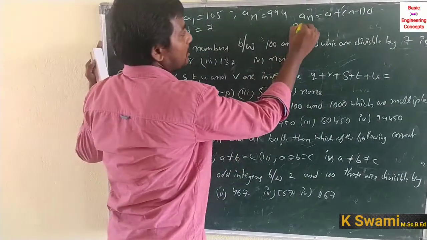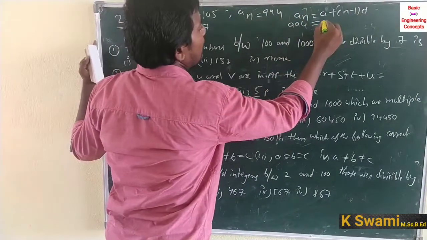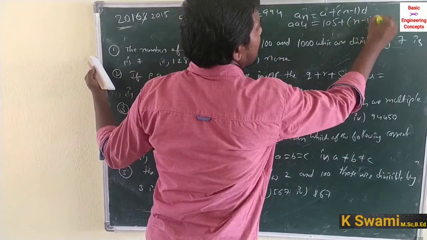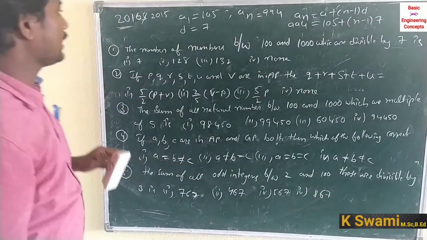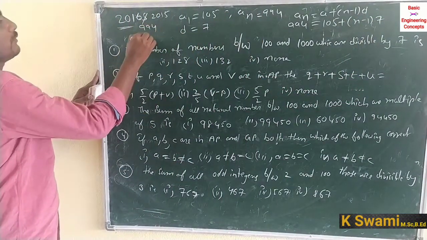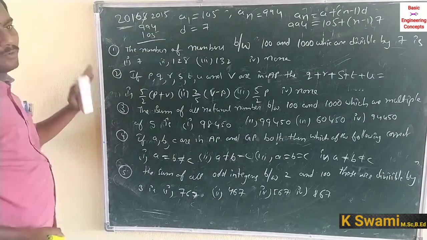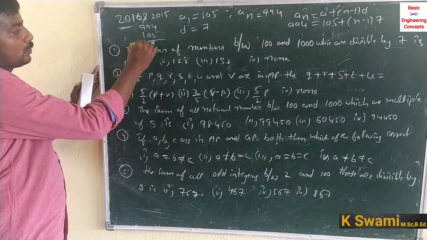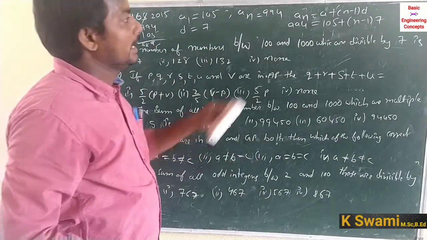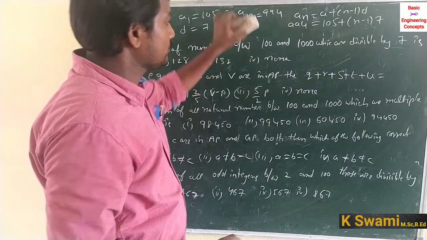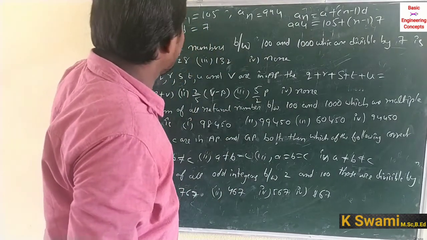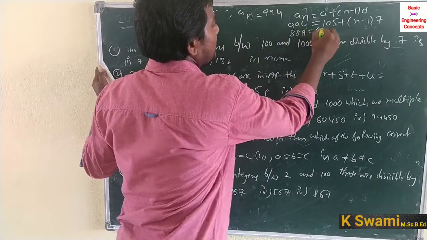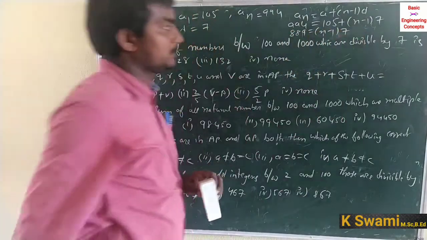Now that an is equal to 994, a is equal to 105 plus n minus 1 into d is equal to 7. 994 minus 105. 14 లోంచి 5 సబ్ట్రాక్షన్ చేస్తే రిమైనింగ్ 9 ఉంటుంది. 889. సో మనకి 889 is equal to n minus 1 into 7 అవుతుంది.